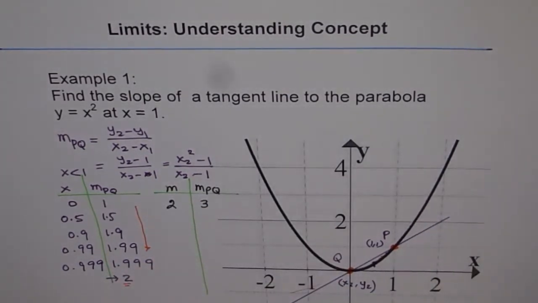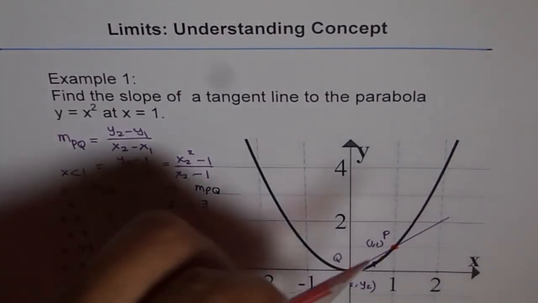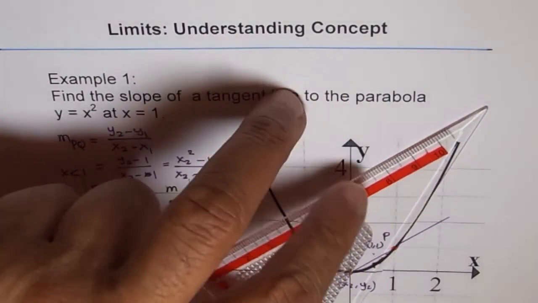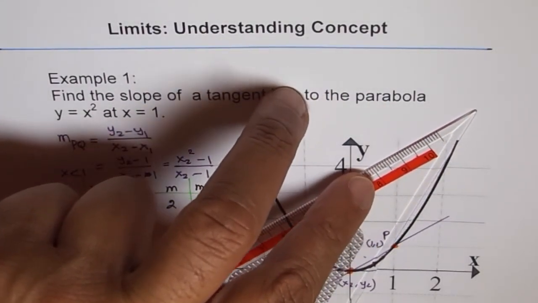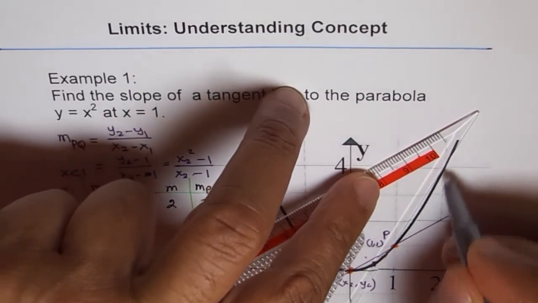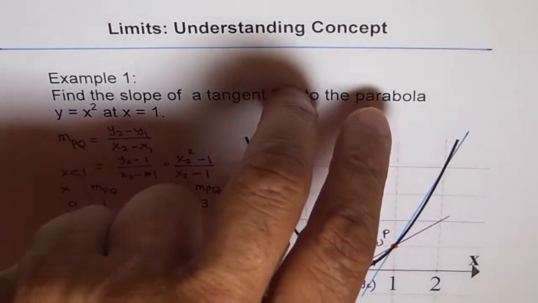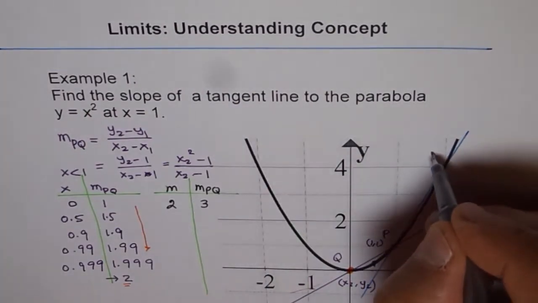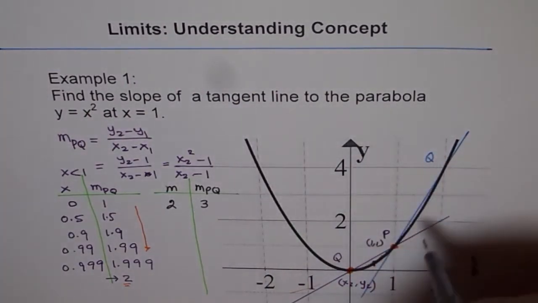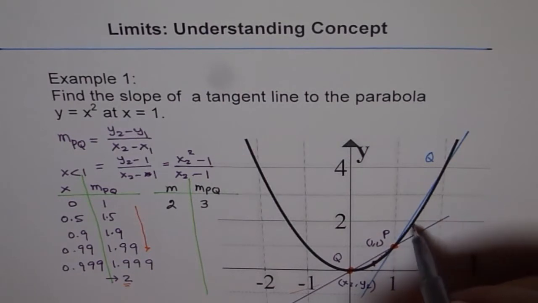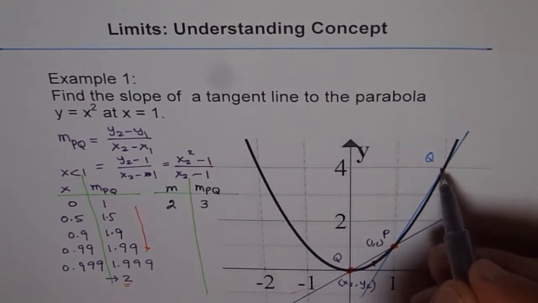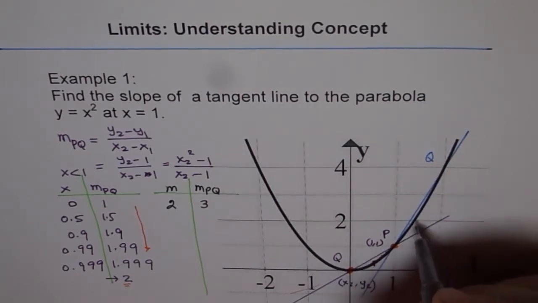I just took a random point which is close enough, not that close, but still here is the point, and the slope of this line is 3. So I took a point here, let me call this again Q, okay? And now I'll bring this point closer to P, and then closer and closer.